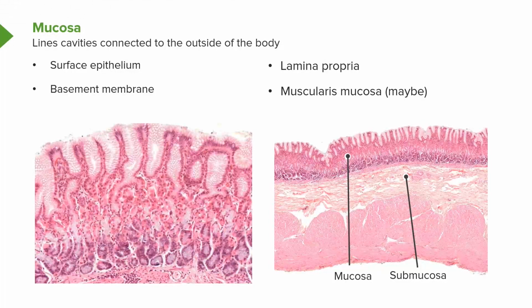But again, it's just to emphasise that the mucosa is the surface epithelium and supporting connective tissue or lamina propria, which you don't see a lot here because the mucosa is dominated by secretory cells. But it's facing the lumen and it's in a tube that's exposed to the outside of the body through the esophagus and the other parts of the gut.